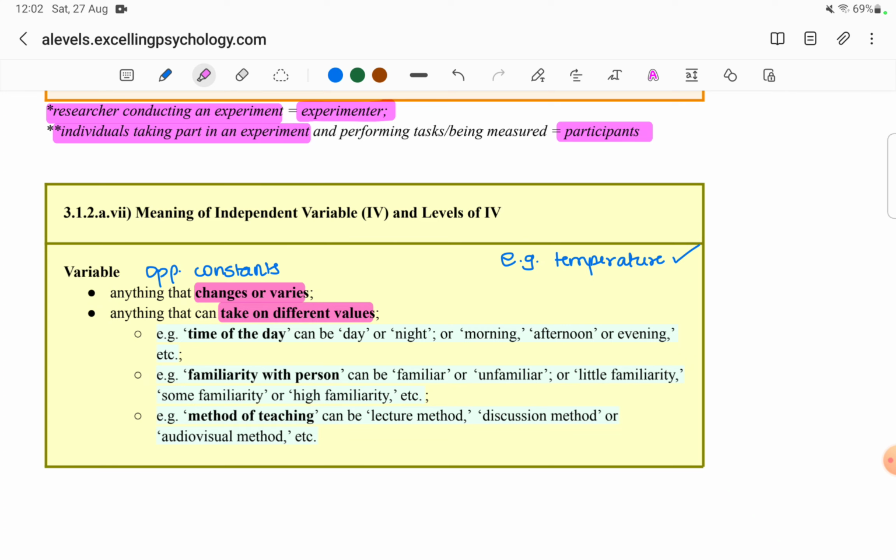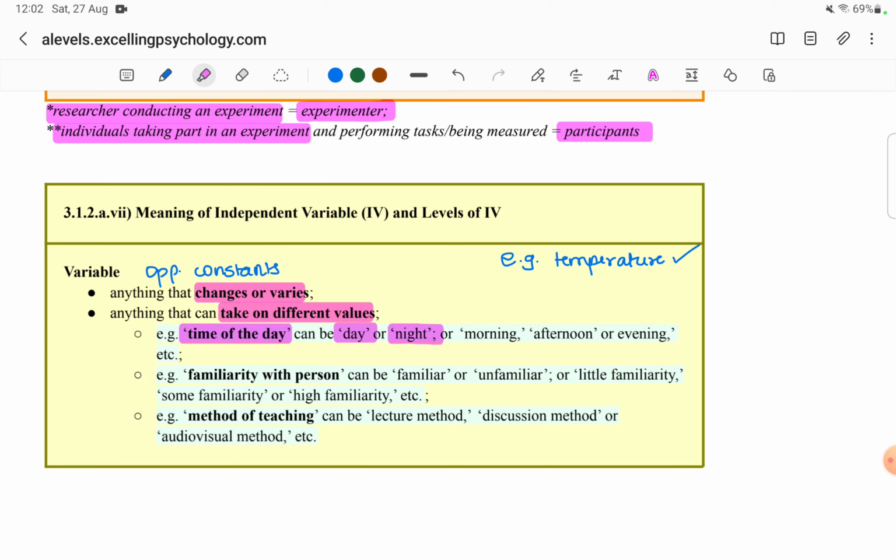Okay, now let's look at some of these examples. In psychology, often researchers study time of the day as a variable. Time of the day, as we can see on the screen, could be measured as either day or night. Day and night are two values that the variable time of the day can take on. Now, a variable as such can take on many different values.